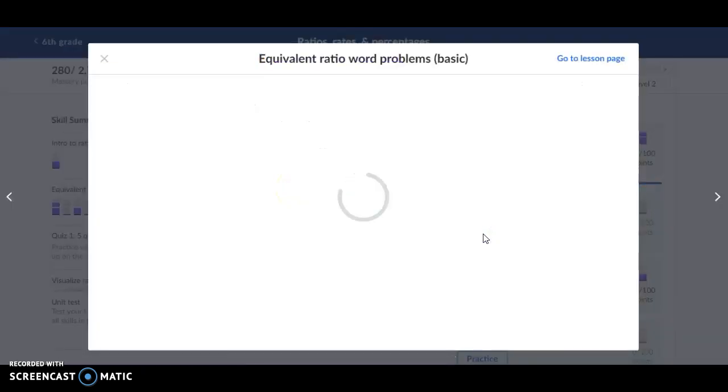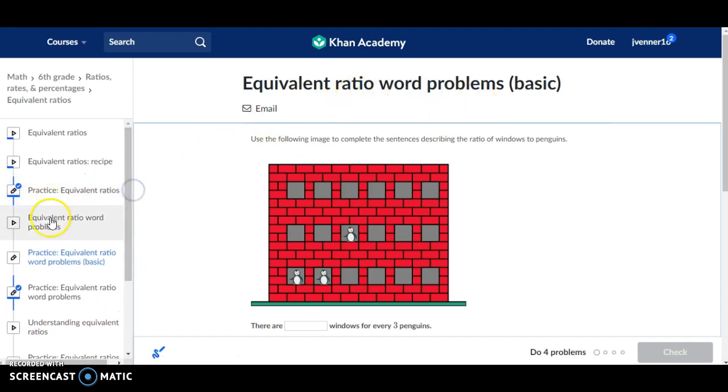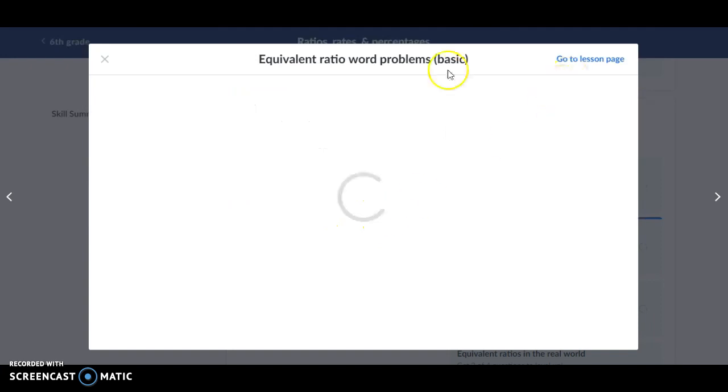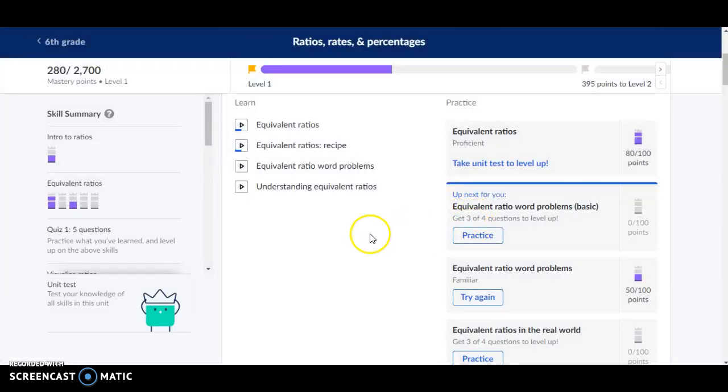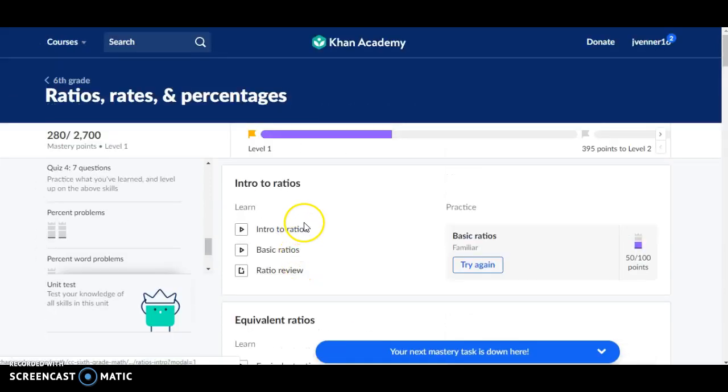When I go to the lesson page, what you'll often find is that the practice is listed, equivalent ratio word problems, and then above it are listed other practices or notes or videos that build on each other to the point where you should have the foundation necessary to be successful at these problems. So your entire curriculum will be laid out here. Your skill summary for this particular topic will be on your left.